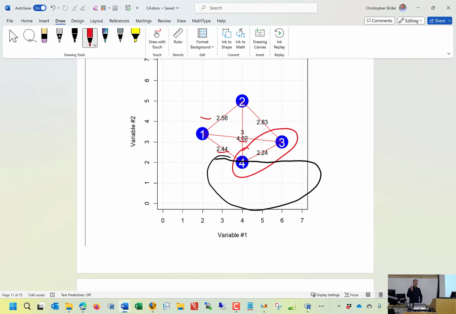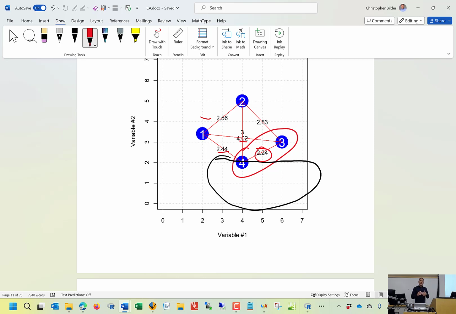I'll just ignore the writing that I put on there. So we have these 4 different observations here. When we use the nearest neighbor method, remember we start off with 4 clusters. The clusters that are first joined are the clusters that have the smallest distance between one another. Since each observation is a cluster, that smallest distance is just the smallest distance between observations, and it will be that 2.24. So 3 and 4 were joined together first.